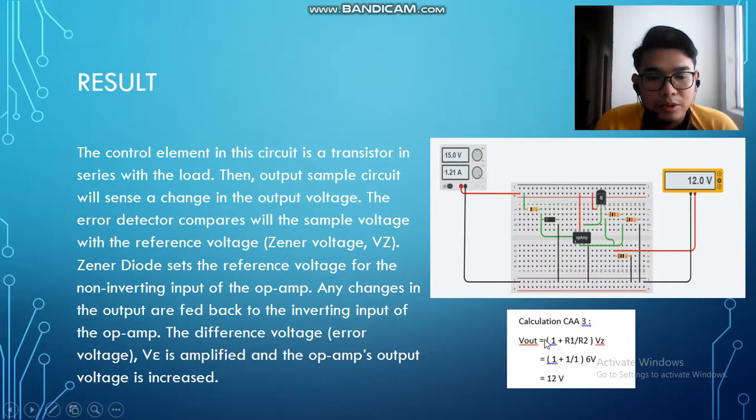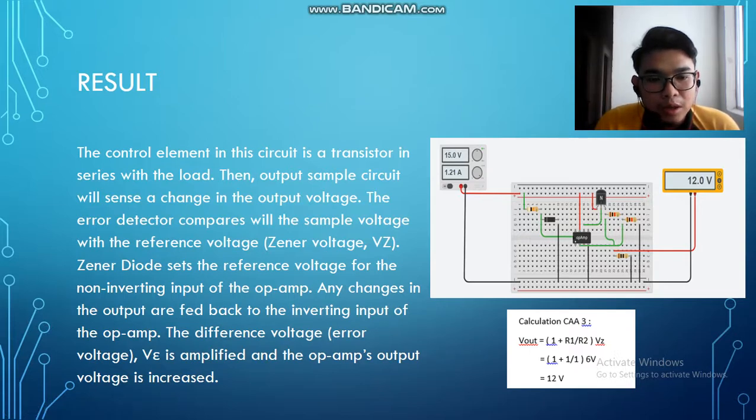So this is for my calculation. Based on the calculation, in order to find the Vout, Vout equals 1 plus R1 over R2 times Vz, referring to the Zener diode. As I mentioned before, I use the same value of R1 and R2, which is 1 kilo ohm.